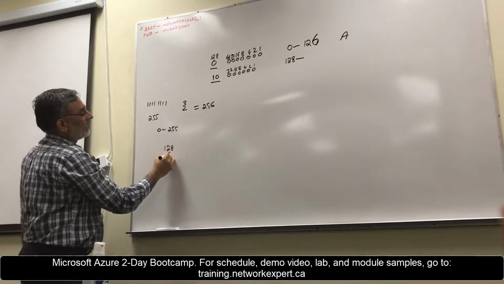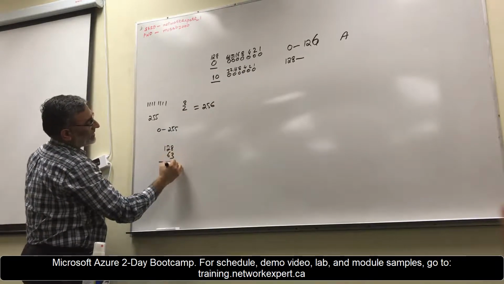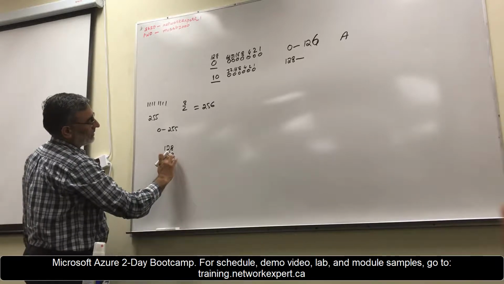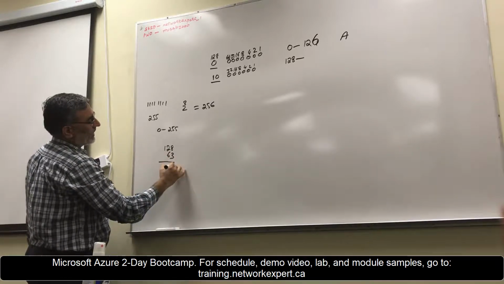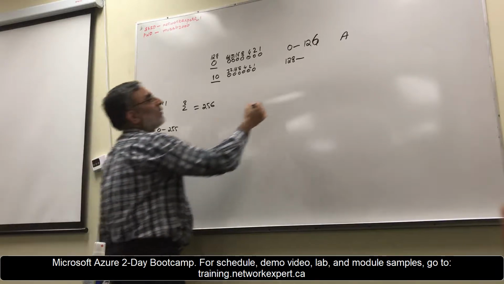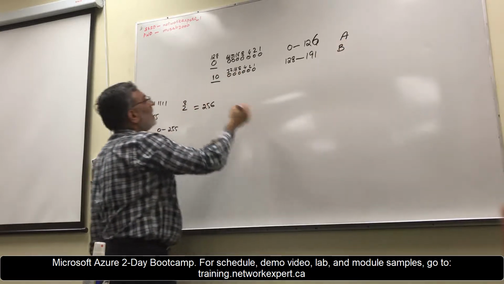So this will be 63 added, okay, so if you add up, it will be 191. Okay, so this is B class.